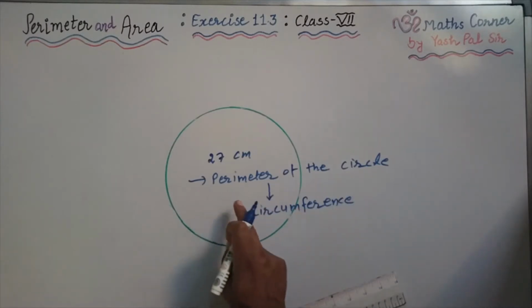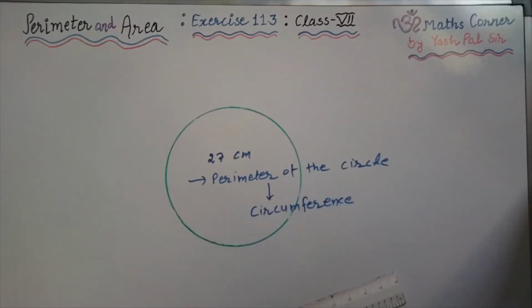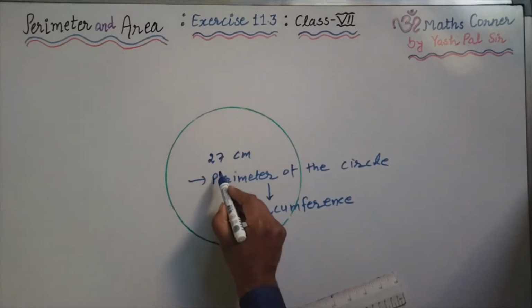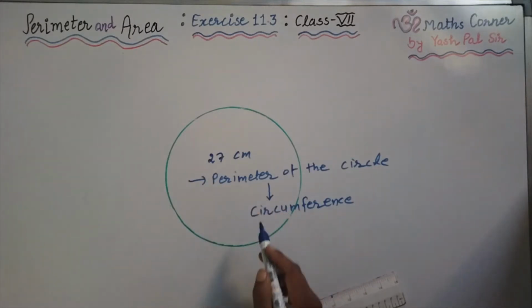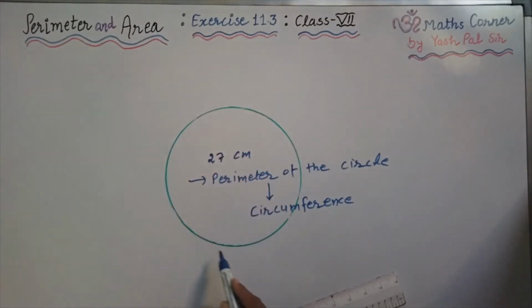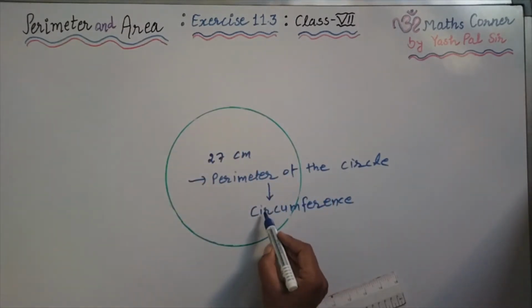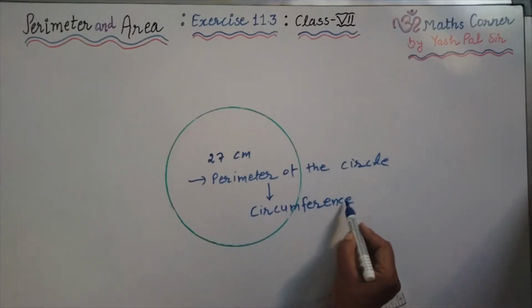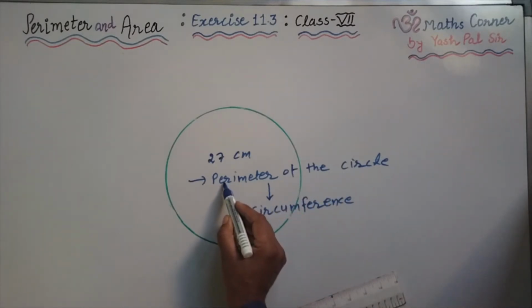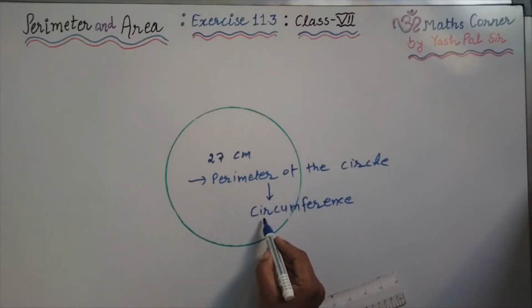In case of rectangle and square, we used the word perimeter to find the outside boundary of the figure. But in case of circle, in place of perimeter, we use the word circumference.